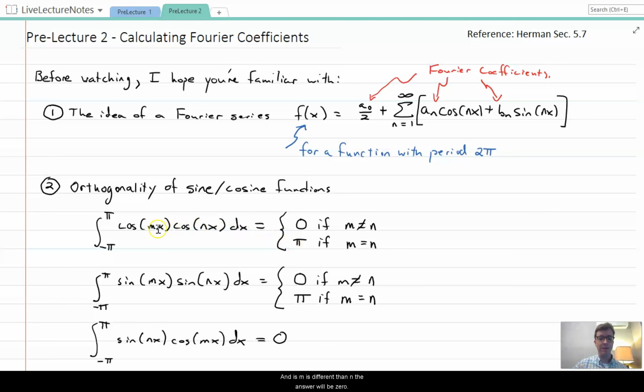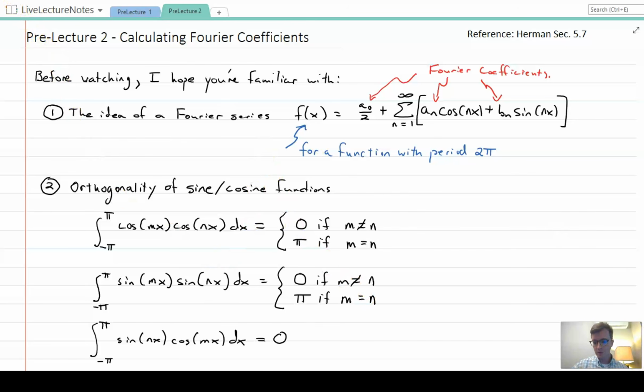If n is different than m, the answer will be 0. Same is true of sine functions. So it's 0 if m and n are not the same, and it's equal to pi if m is equal to n. And if you mix up a sine and a cosine, the answer is always 0 no matter what n and m are. So those are the things that we're going to use going forward. I hope that you're familiar with those concepts.